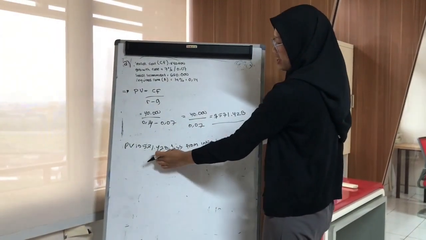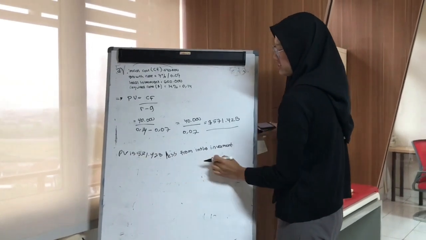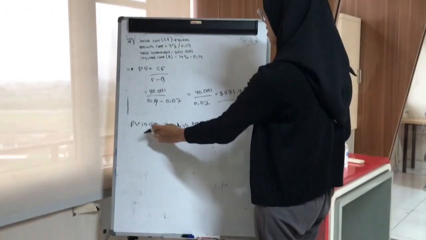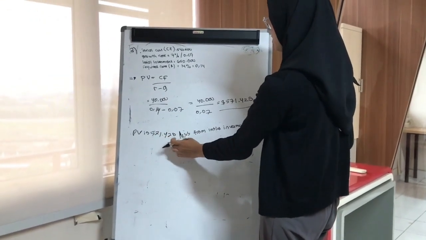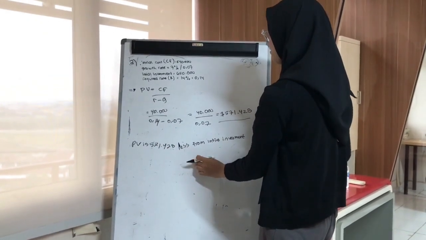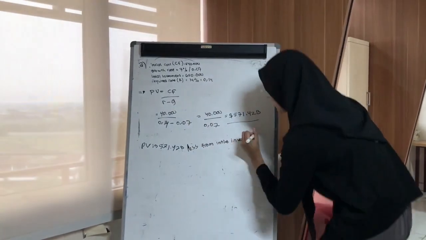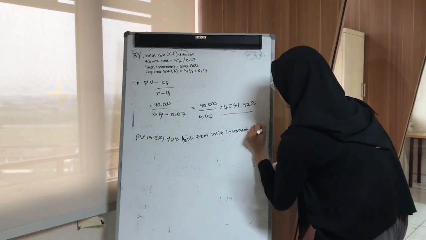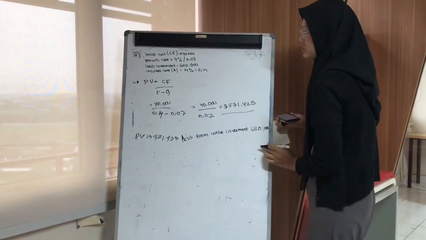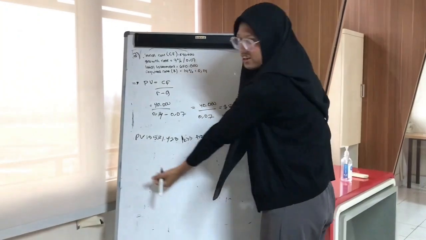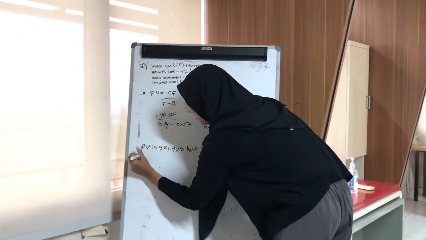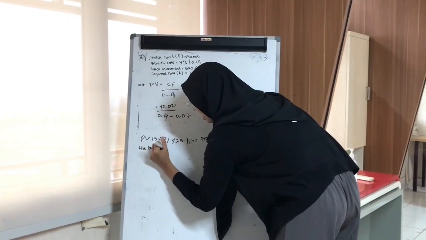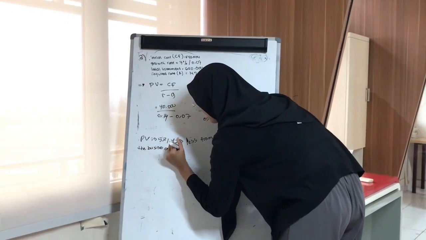But in this case, because the PV, 571.428, is less than the initial investment, 650,000, the business cannot be started.